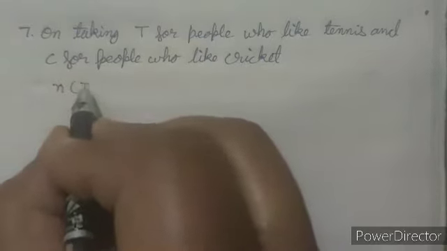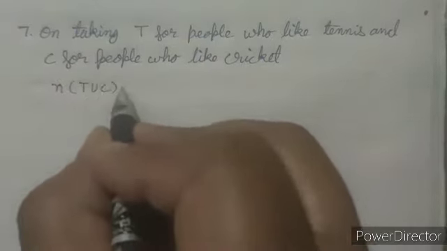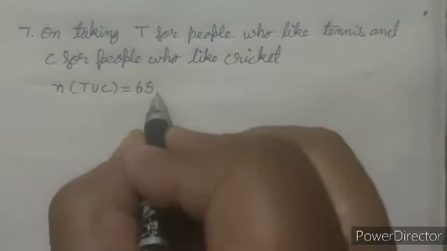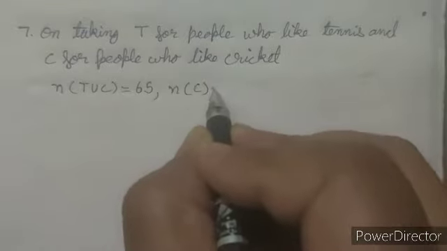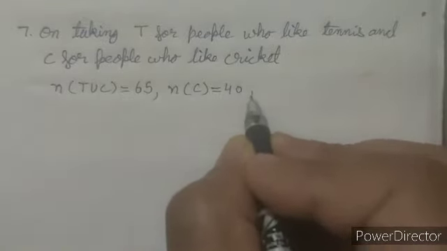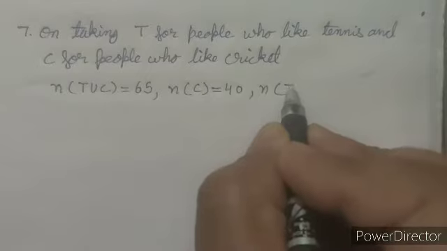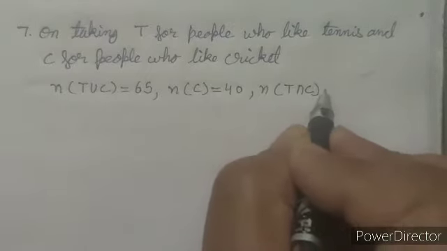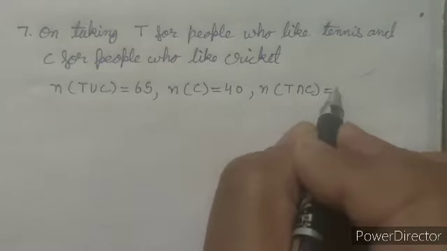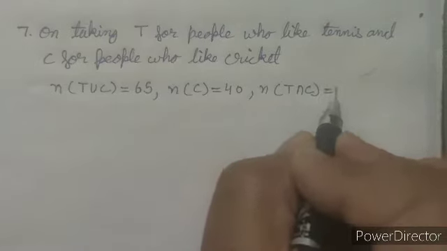That means n(T union C) is equal to 65. Now the number of people who like cricket is 40, and the number of people who like both tennis and cricket is 10.